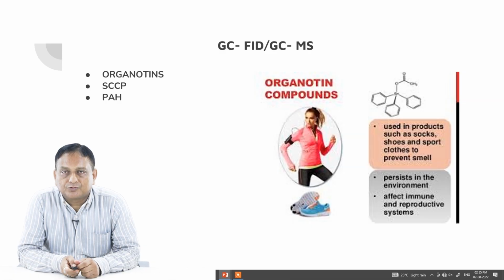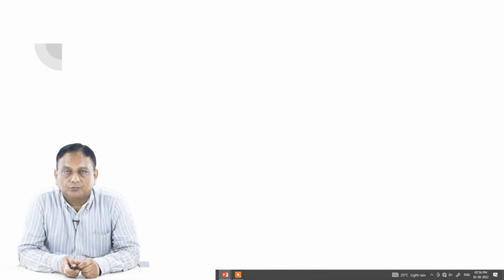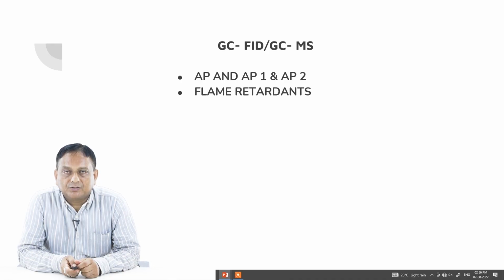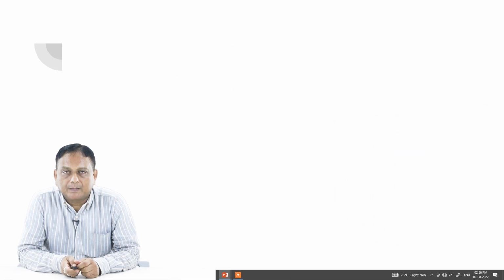Organotin compounds are very important here, because they affect the immune system or reproductive system of the body, and they are used in various products such as socks, shoes, and sports clothing to prevent smell. They persist in the environment, so that is the most important part of organotin compounds. GC-FID and GC-MS are also used for alkyl phenol determination and flame retardant determination, and for the determination of solvents.